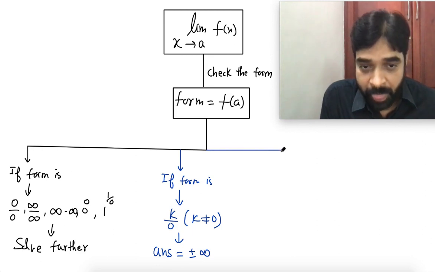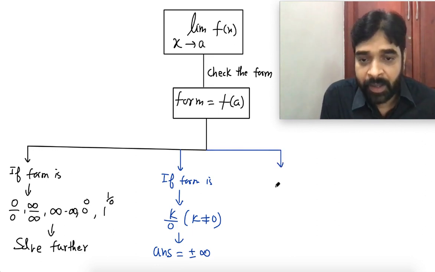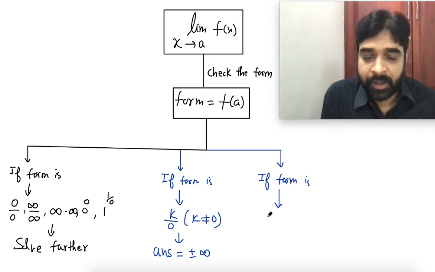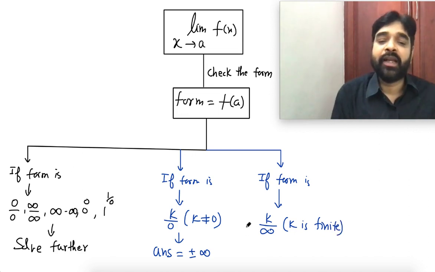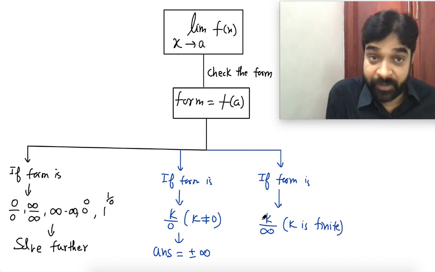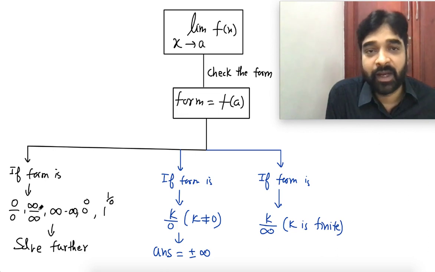Now, if the form is k by infinity, where k is finite. Why should k be finite? Because if k is also infinite, that form we already discussed.